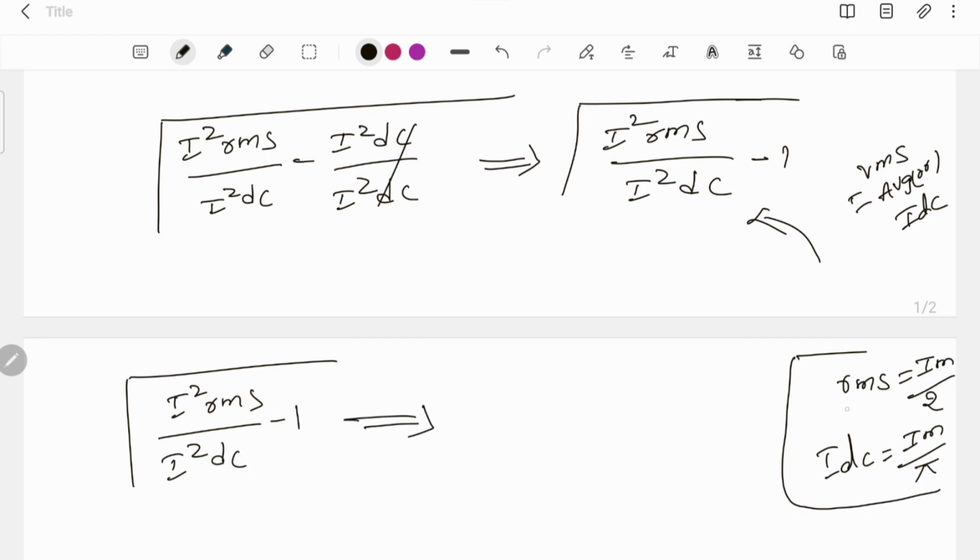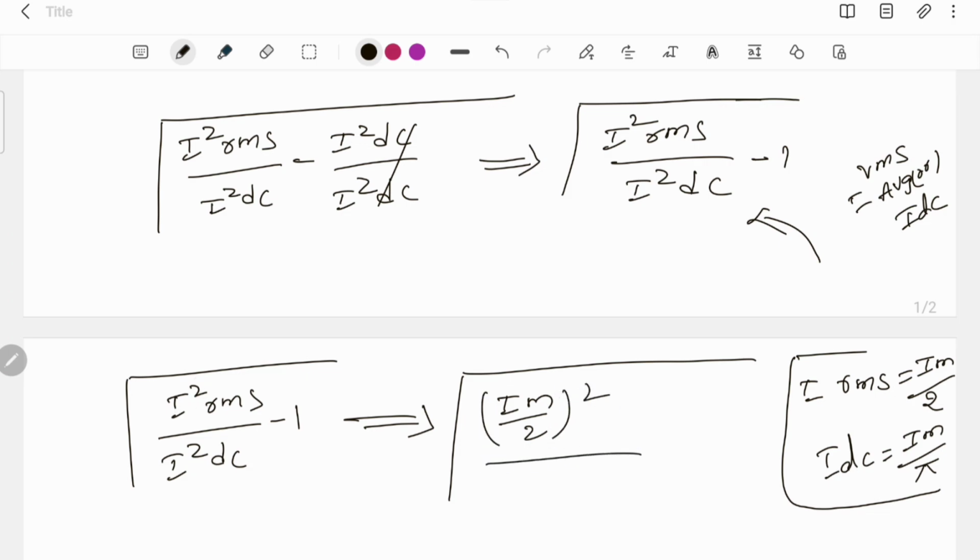So what is the I RMS? I RMS is Im by 2. So root of Im by 2, here we have the square, right? So square, by I DC value, which is Im by pi, here we also have the square. So whole square minus 1.